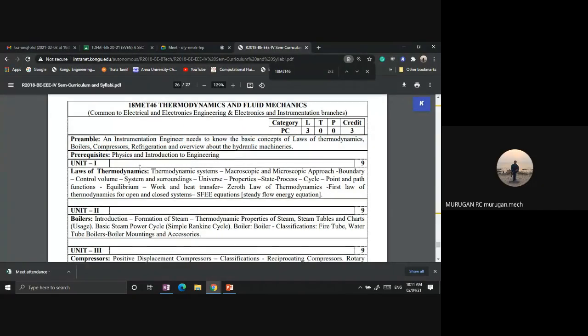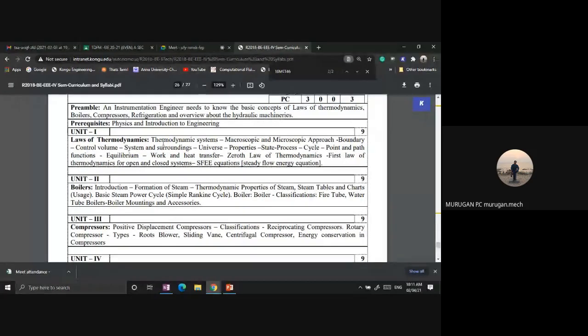So this syllabus consists of 5 units. Unit 1 is the laws of thermodynamics. This is fully a problem-oriented unit, a very simple unit, and we are going to see only problems in the first unit.